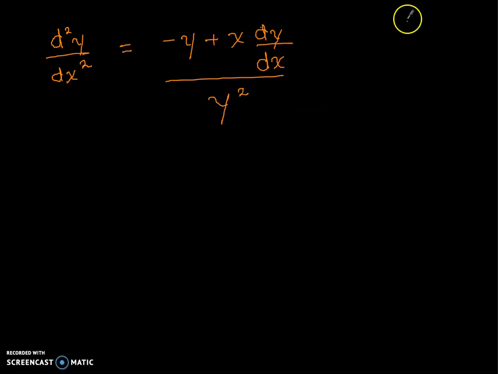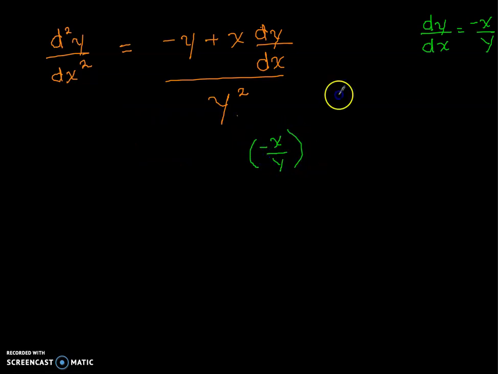And then we noted that dy over dx equals negative x over y. Okay, so I'm going to rewrite this now. So dy over dx is negative x over y. Everything else I'm going to bring down. So it equals negative y plus x over y squared.